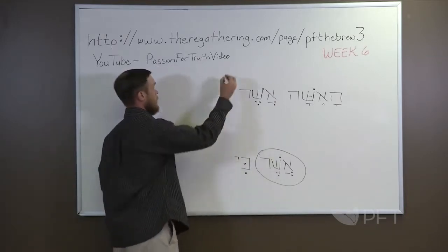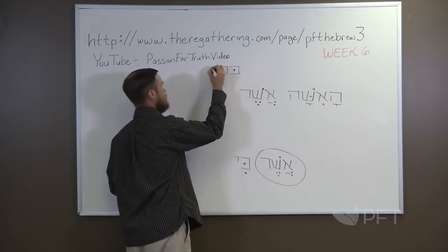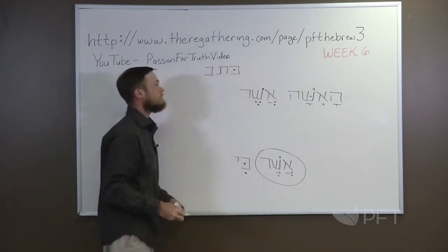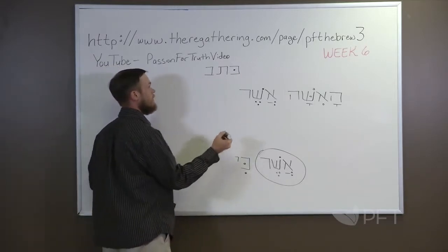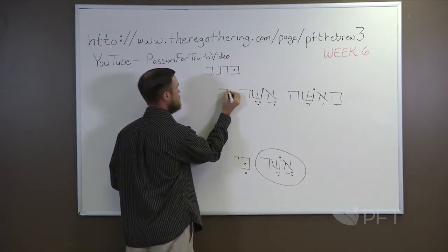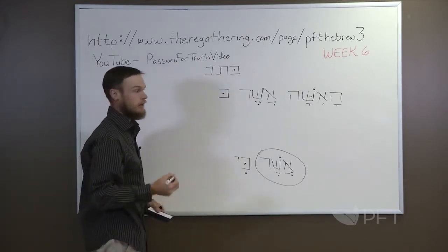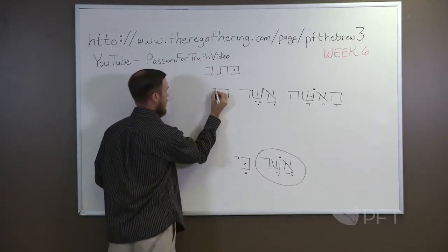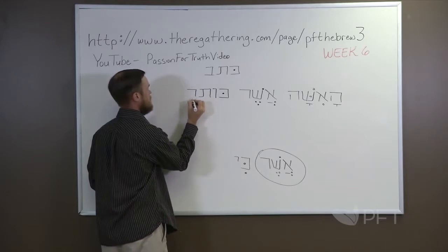and our root for to write is Kaf Tav Beit. Right? So, the woman that is writing, follow the present tense feminine singular conjugation, and we wind up with Kotevet.